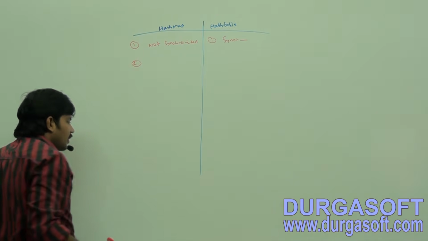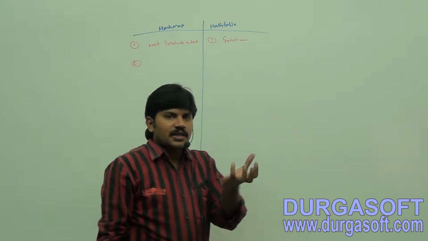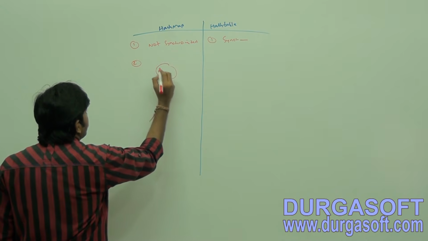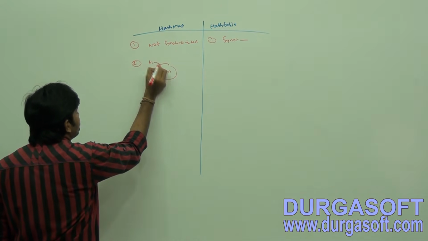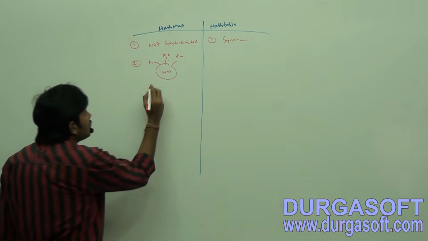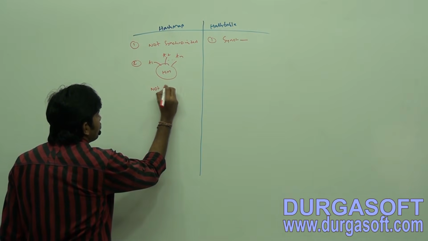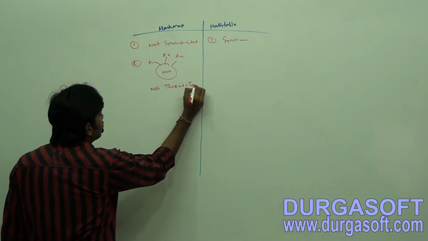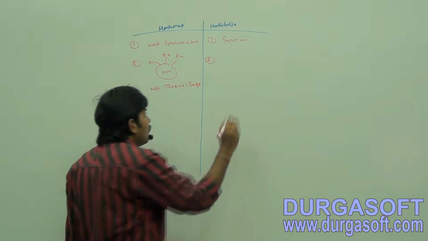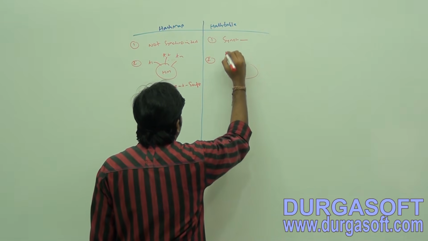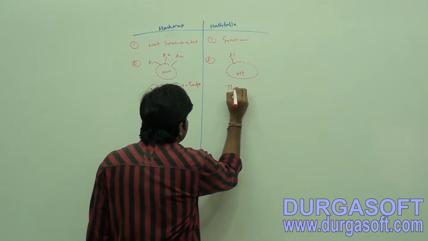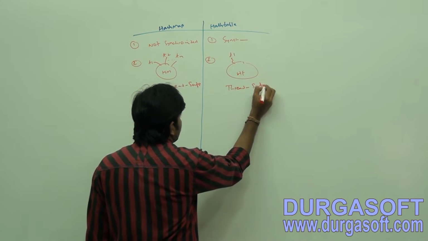At a time on the HashMap object, multiple threads are allowed to operate, so it is not thread safe. At a time on the Hashtable, only one thread is allowed to operate. That's why it is thread safe.